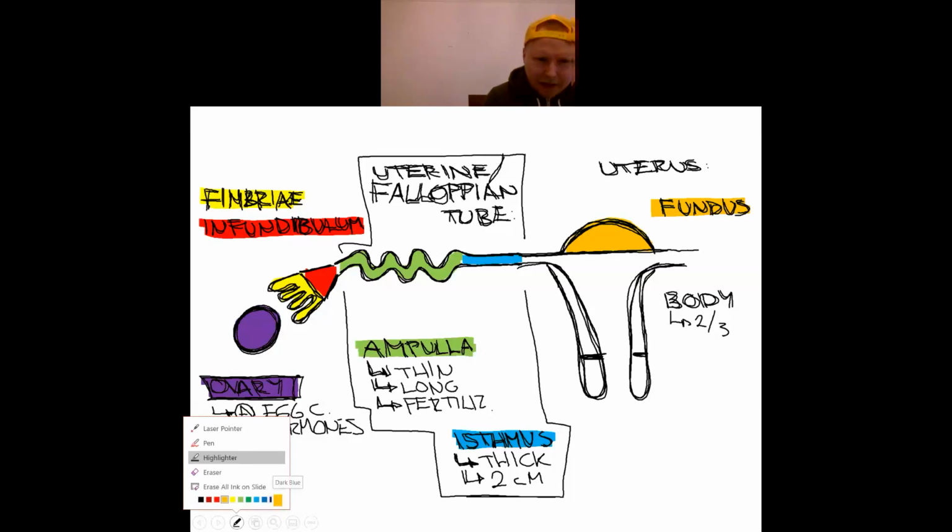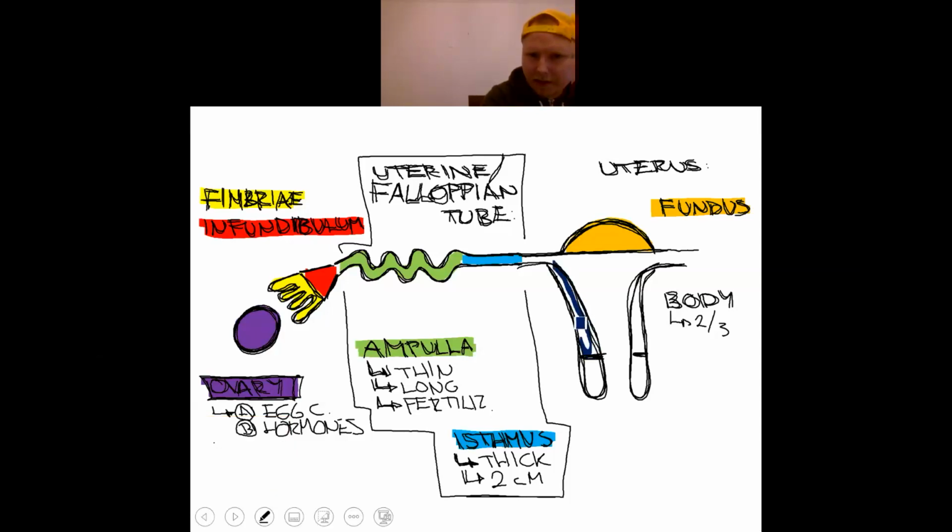So I think we can add it here. So that's our body of the uterus.